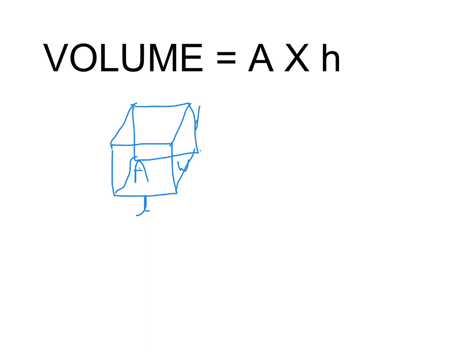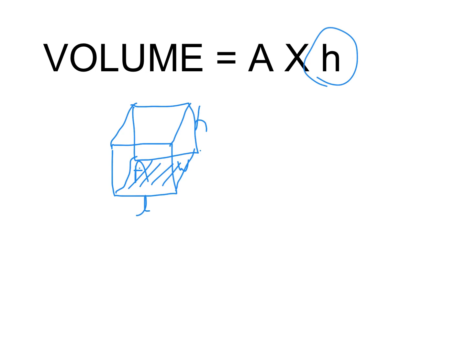So if we've already calculated the area of the rectangle on the bottom, the only thing we need to do to make this volume is multiply by the height. And so all of our area formulas will work for volume. We just need to multiply in that extra dimension, that third dimension that makes this a 3-dimensional shape, which is the height.